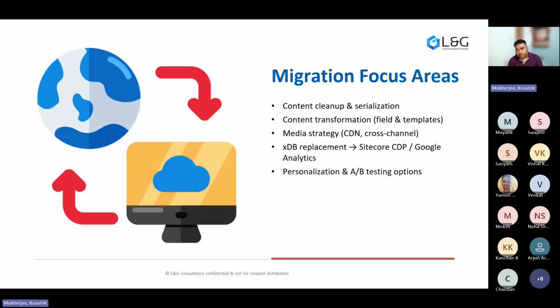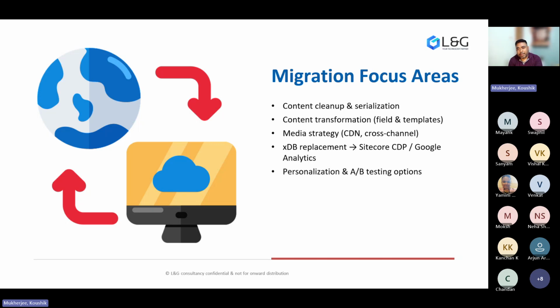Content transformation. We need to make sure it is just a migration. If we have the same templates and fields in current XP and XM Cloud, we can migrate it. But if you migrated the template and made some changes there in XM Cloud, and now you want to migrate the content for that template, it will not work.